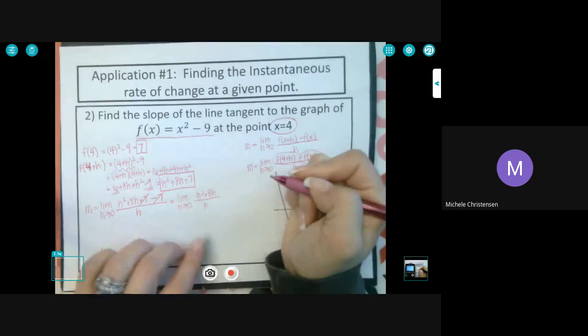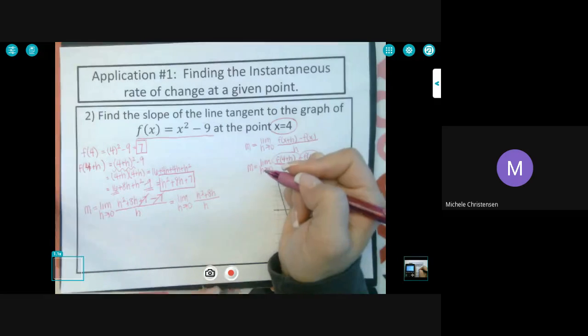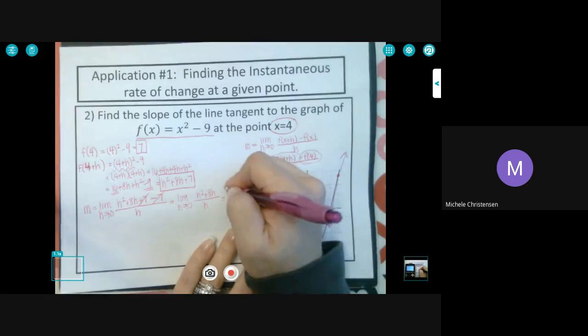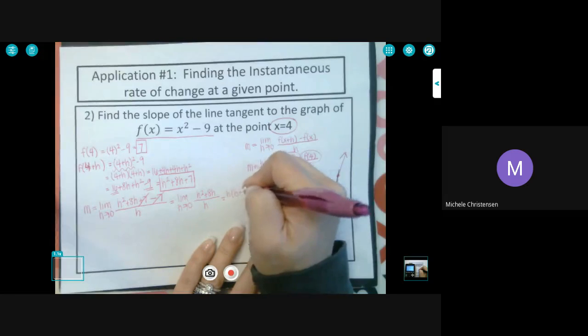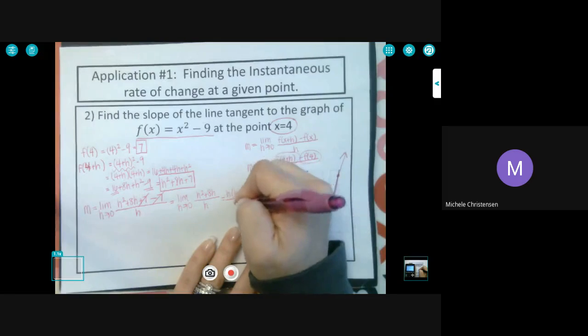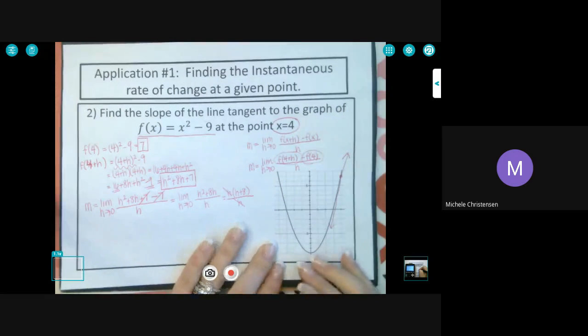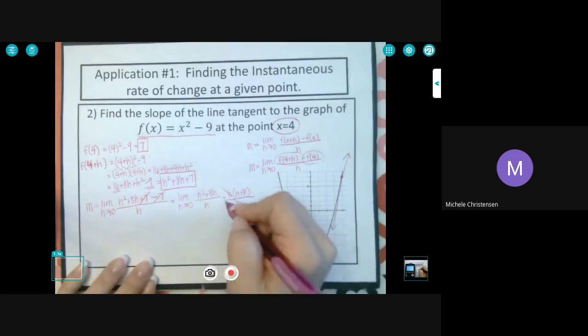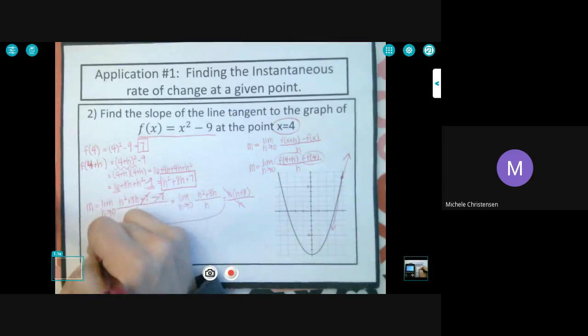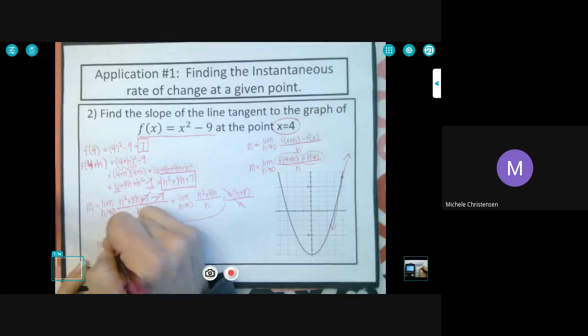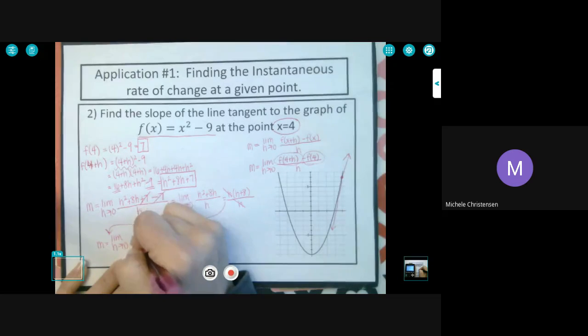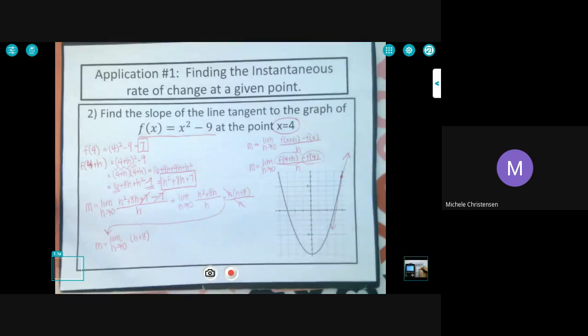I see that I can factor out an h from the numerator, which will allow me to cancel with the h that's on the bottom. So I'm just left with h plus 8, the limit as h approaches 0 of h plus 8. It's been fully simplified, that expression.